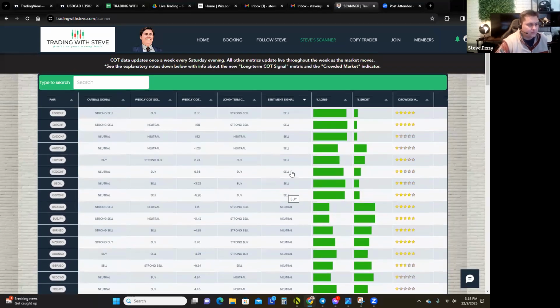Okay. Again, I wouldn't rely only on sentiment. Sentiment is just good to know what retail traders are doing. And if you can get sentiment to align with the weekly shift, or if you can get it to align with the long-term signal, then there's an even better chance that you'll have a successful week.